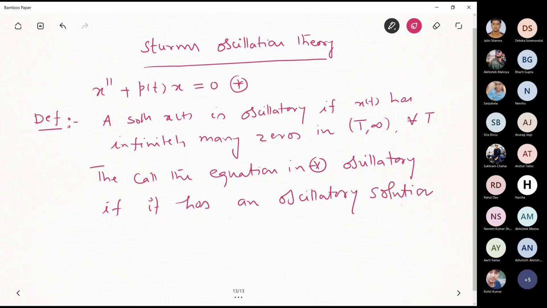So if it has an oscillatory solution, then we say that the equation is an oscillatory equation. Whether it has one solution or many will be clear after I prove this theorem, because a second order equation has two linearly independent solutions. So if it has one oscillatory solution, the other solutions are also oscillatory. This is what we are going to prove now.